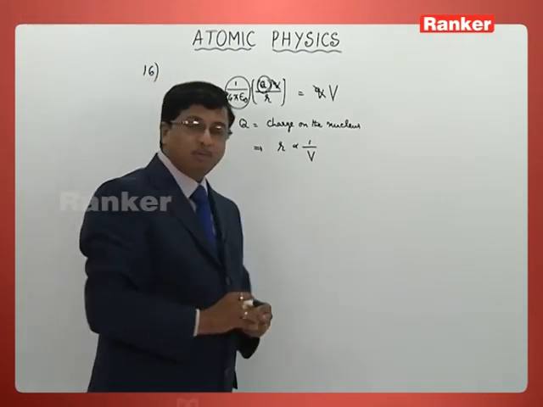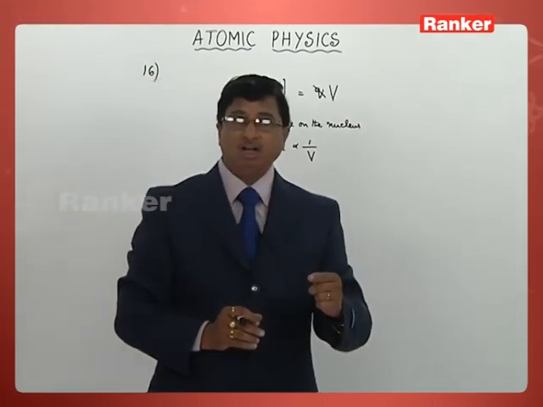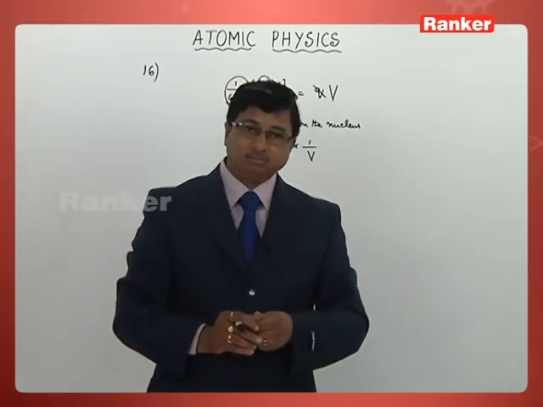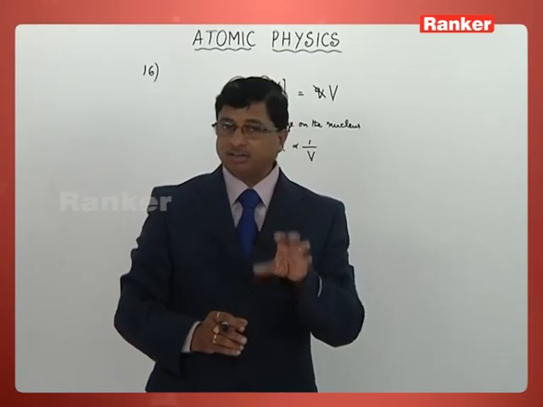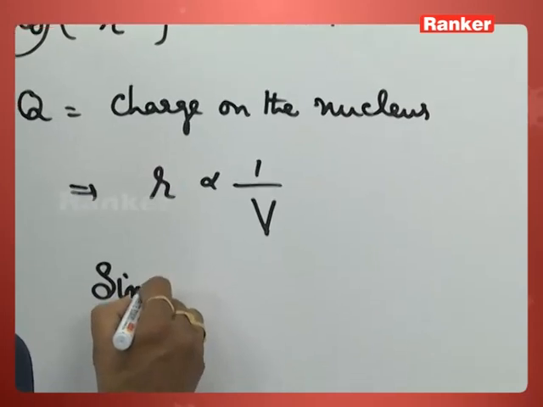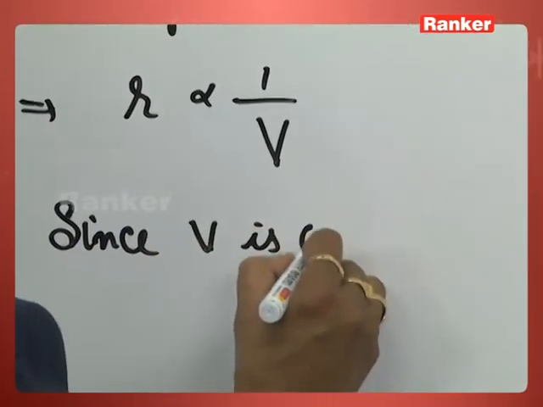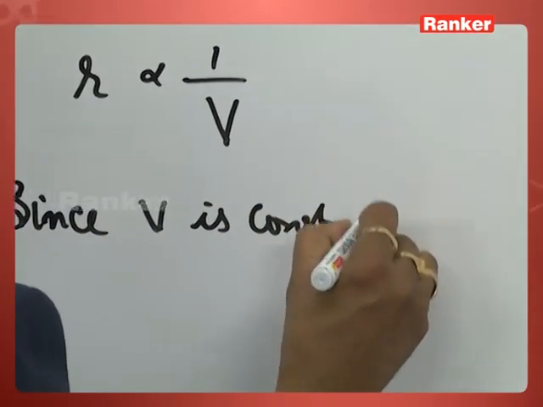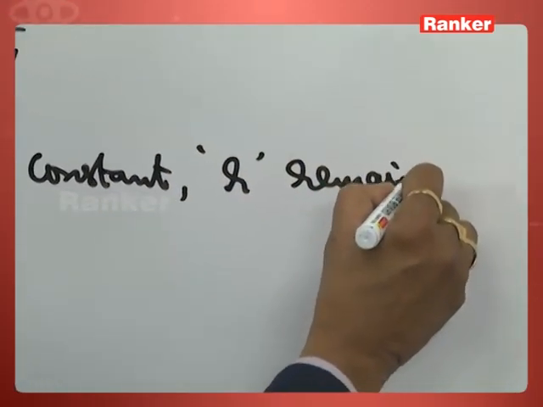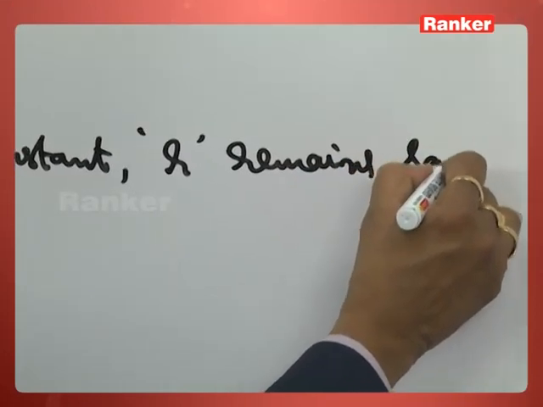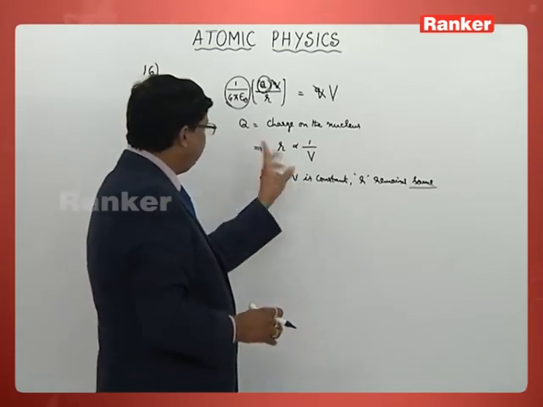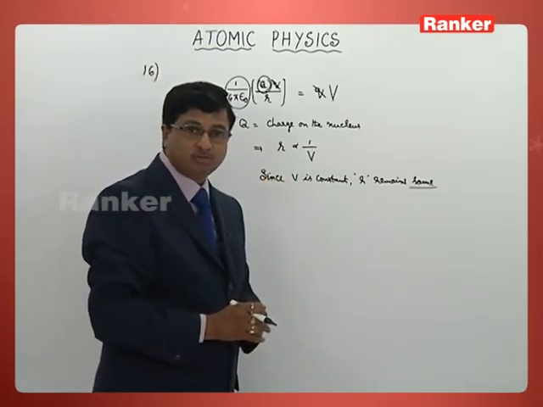Is it not inversely proportional to the potential with which the particle has been accelerated? So you people can understand in this case, since V is constant, what can we predict now? r remains the same. There will not be any change in the value of distance of closest approach.